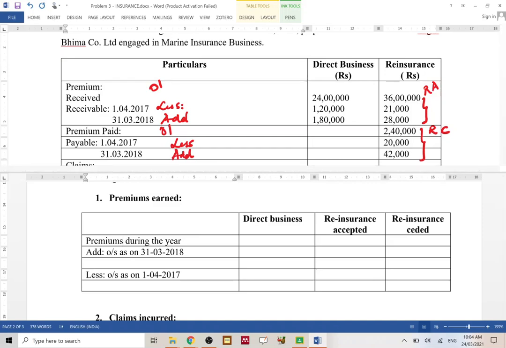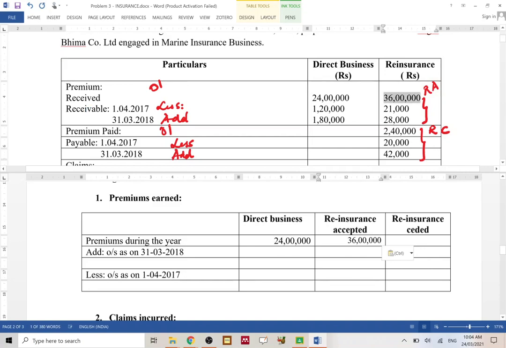Okay, so of the current year, let's see what premiums are there. This is the premium received, okay, for the current year on direct business and on reinsurance accepted. We'll take only the received part first, right? So premiums during the year on the direct business 24 lakhs, correct, this amount, and on reinsurance accepted the premiums of the current year, I'm going by the order of the problem, okay, are 36 lakhs, fine.